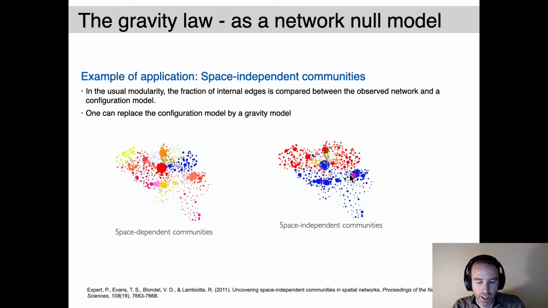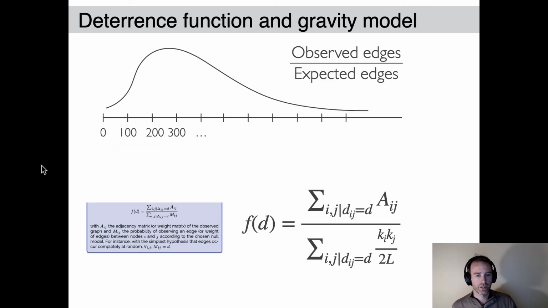And maybe you're detecting communities which are more based on some social property, which was hidden by the spatial effect. So this slide is just to clarify a point about the deterrence function. I introduced previously how to compute the deterrence function in general. And I said that you had to divide the observed number of edges for each bin by the expected number of edges. But for the gravity model, you have to take the expected number of edges taking into account the degree of nodes.